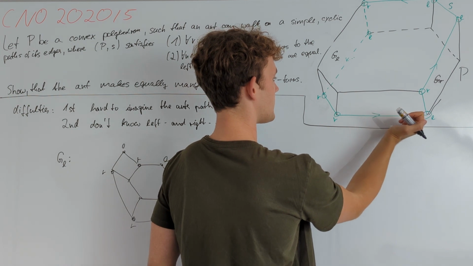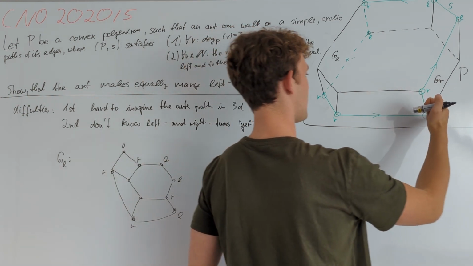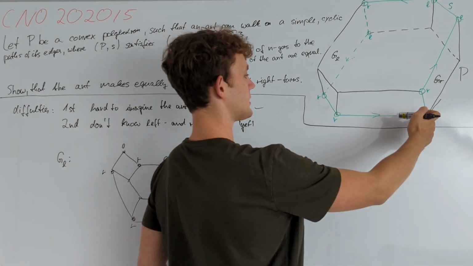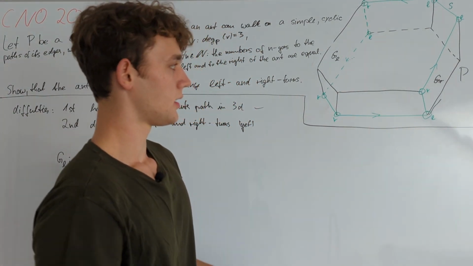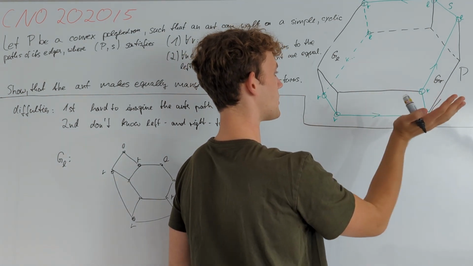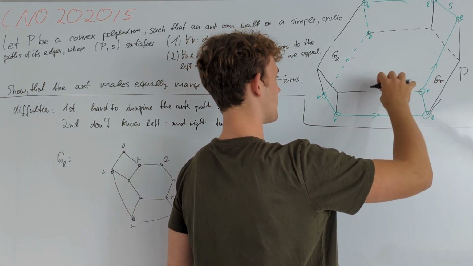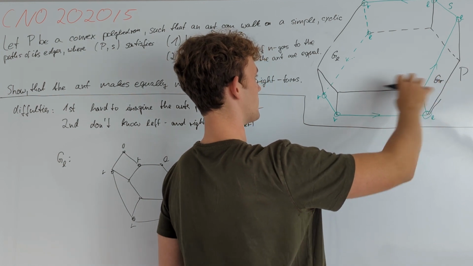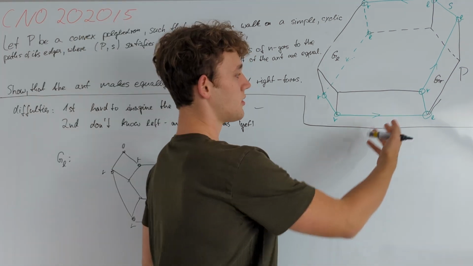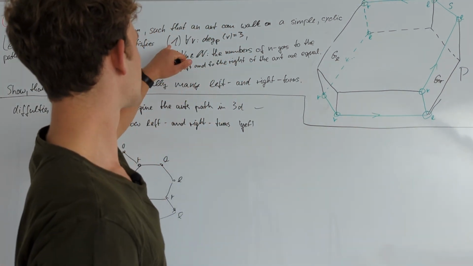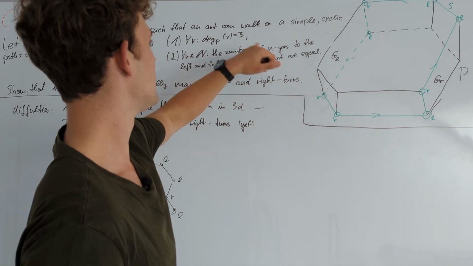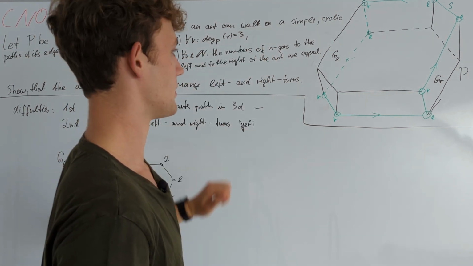Because the ant turns towards GL, the third edge is omitted from GL, and therefore this vertex must have degree 2. On the other hand, on a vertex with a right turn, we turn away from GL, and therefore the other option, which would have turned towards GL, lies still inside it. So remember that this is all just true because of condition 1, because in P all vertices must have degree 3.